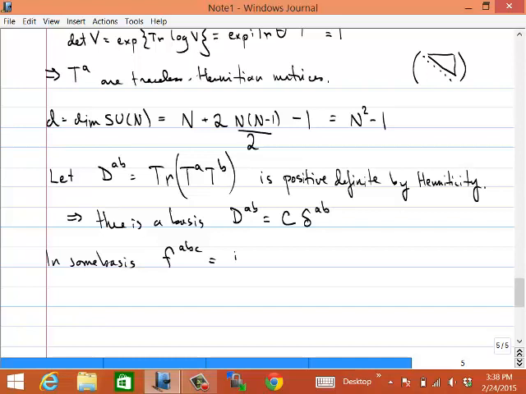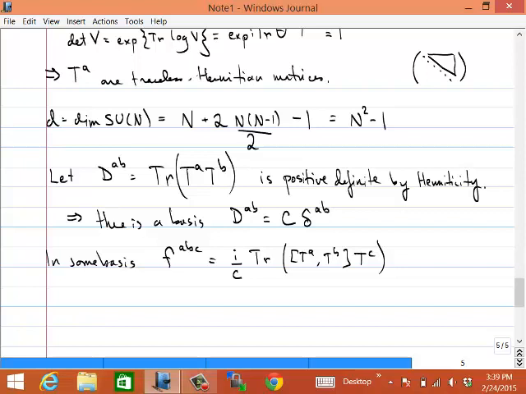So I claim that the structure constants can be written as the trace of the commutator of T^A and T^B with T^C. To see that, let's just use the expression that the commutator of T^A with T^B is i times f^ABE times T^E, but then we've gone to a basis where the trace of T^E T^C is just delta EC.